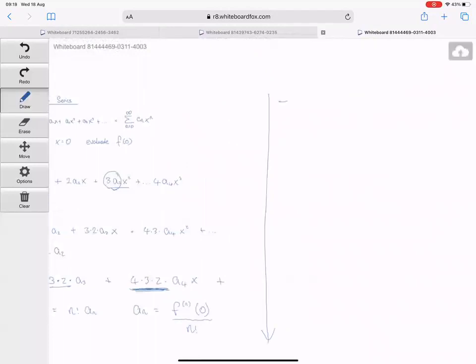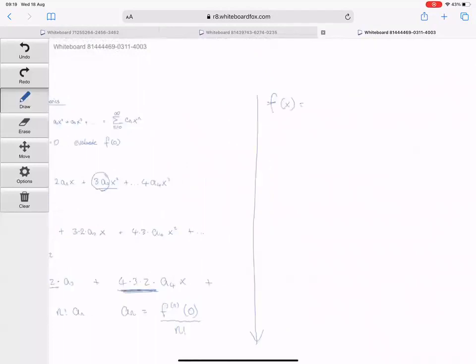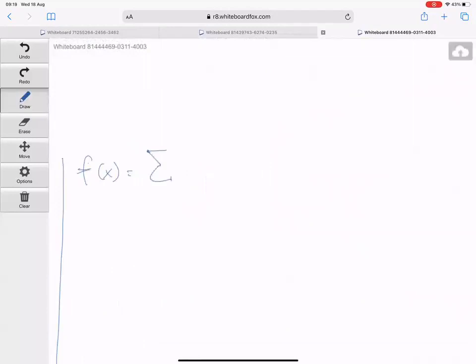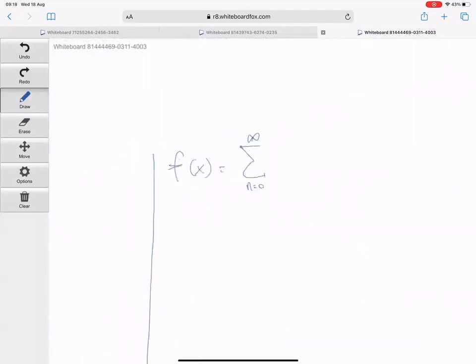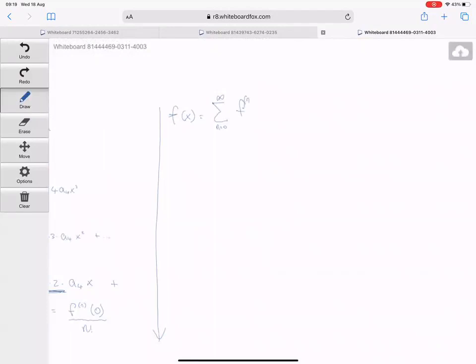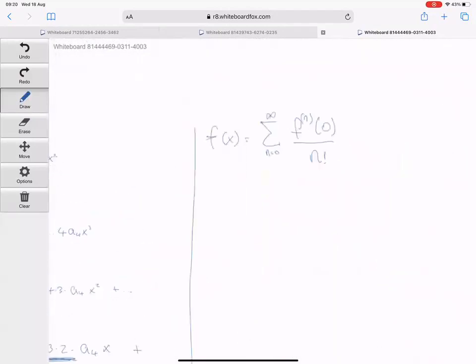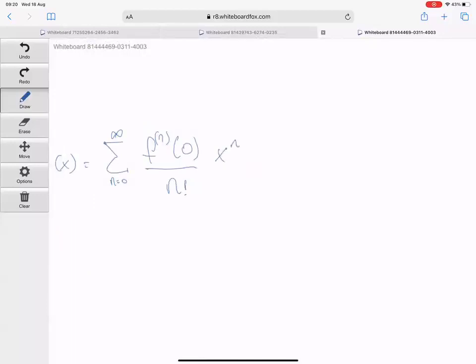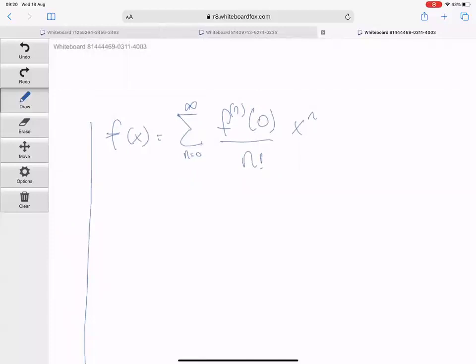So my function f of x can be thought of as a sum from n is 0 to infinity of the constants, which are just found by differentiating the function n times, evaluating at 0, divided by n factorial, and then multiplied by x to the power n. Okay, so this is the powerful formula. I could have started here, but I think it's quite easy to actually derive this thing, and you only need to know how to differentiate polynomials, which you know how to do.